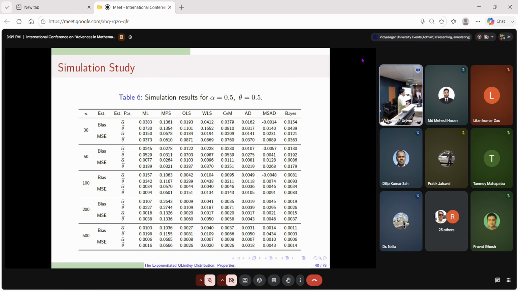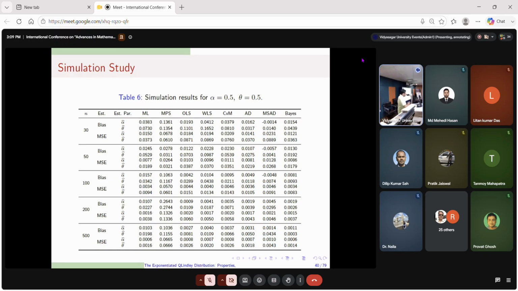Generally, if you increase the sample size, obviously we will get decreasing bias, that means decreasing bias or decreasing MSE or standard error as well.